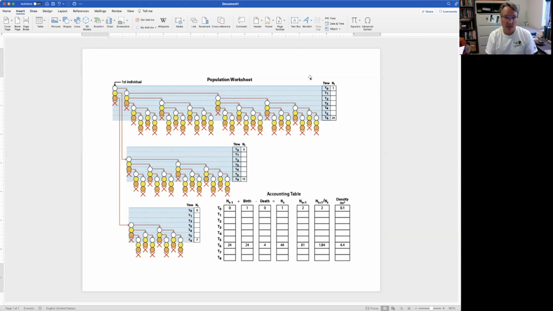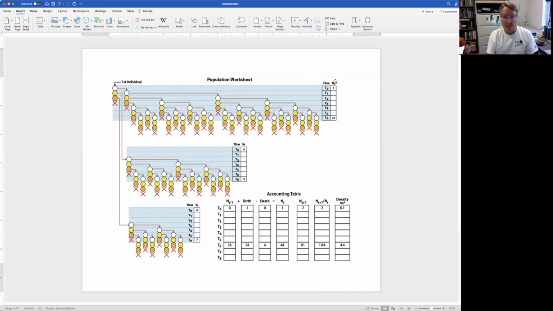By convention, t sub 0 is our starting point. That's where we're going to begin. T sub 1 is the next time period, whatever that is. It could be the next day, the next month, the next year. It depends on the organism we're looking at, but that's how we label those. Then we have this other thing we call n sub t.